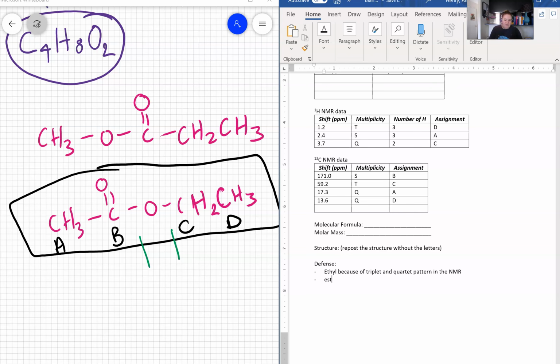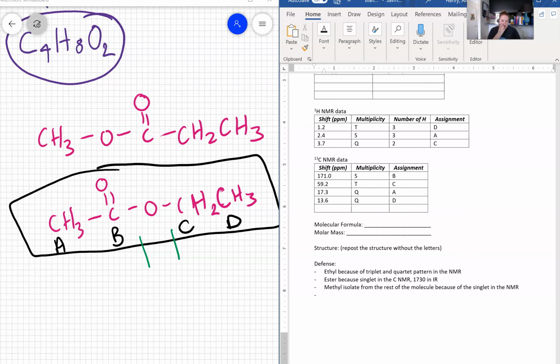And we know that it had an ester because there was a singlet in the carbon NMR, so we knew that there had to have been a carbon without hydrogens, and the peak at 1730 in the IR. And we knew that there had to have been a methyl isolated from the rest of the molecule because of the singlet in the NMR.